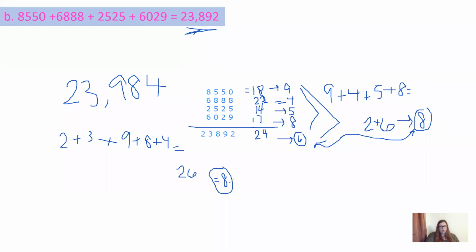And this doesn't always work out. You might sometimes have a number where, say, I have a 9 right here and a 3 right here. Well, that's going to add up to 12 and then add up to 3. So you're not always going to have a correct answer, but it can sometimes help a little bit.